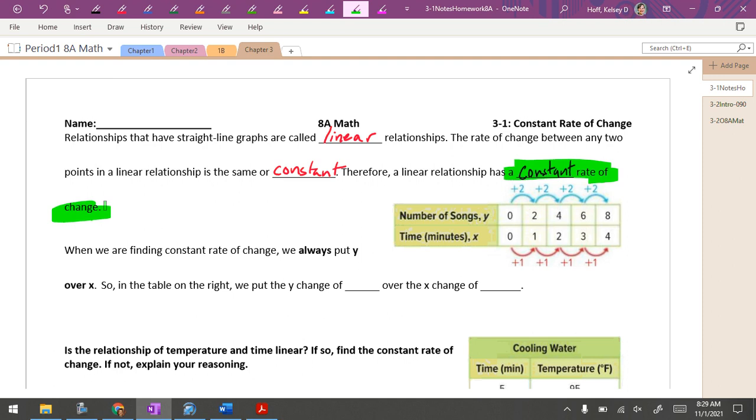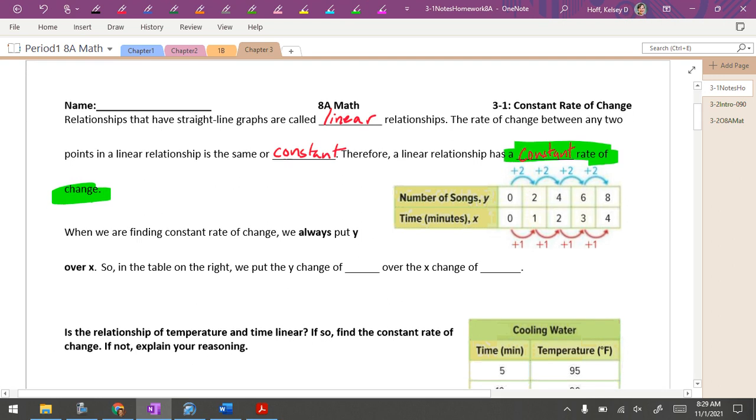When we are finding the constant rate of change, here's something Miss Hoff is going to go crazy about. You always put y over x. Y is always on top. So on the table at the right, we put the change in y over the change in x. Notice on this table, they put y's on top.